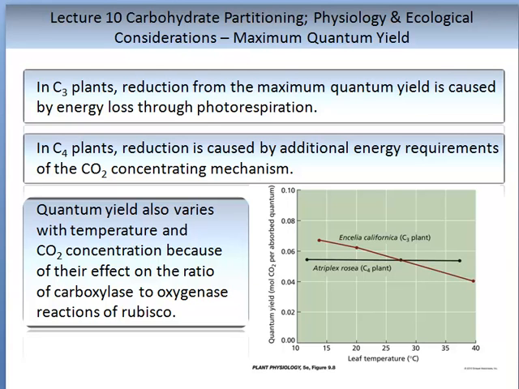The quantum yield also varies with the temperature and the carbon dioxide concentration because of their effect on the ratio of carboxylase to oxygenase reactions of Rubisco. How C3 and C4 plants respond to the quantum yield and leaf temperature are illustrated in this figure.